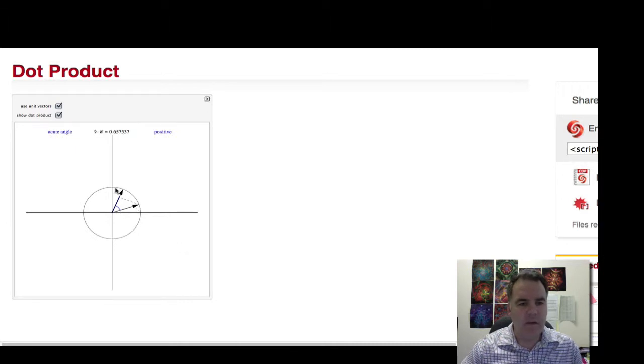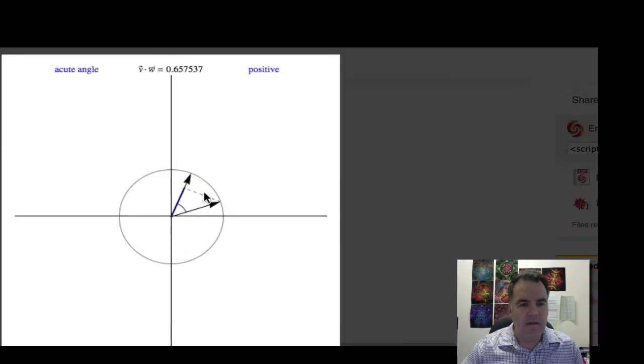Let's have a look at this unit circle. We've got two vectors. The dot product here is the length of this blue vector. If I move this one around, you can see that the projection, or the length of this vector, we call it the projection onto the other vector, that length is the dot product.